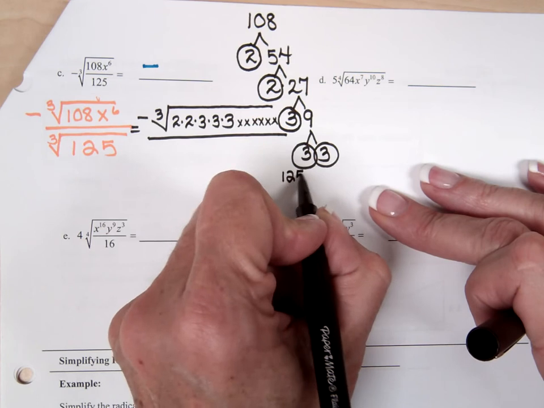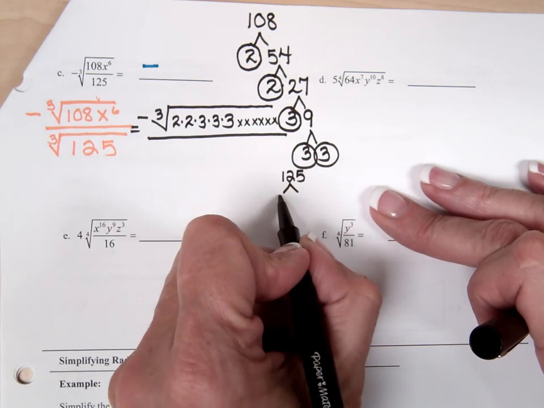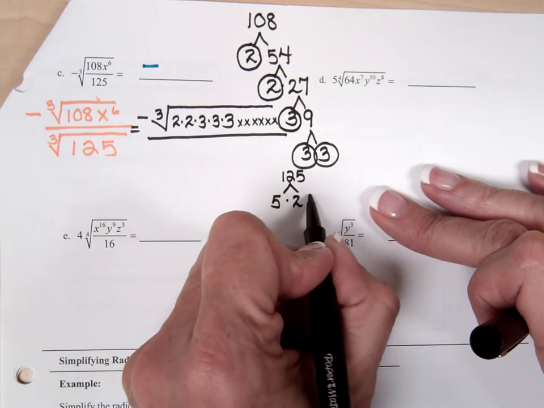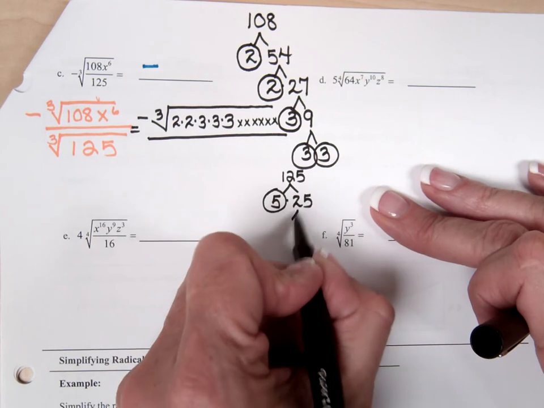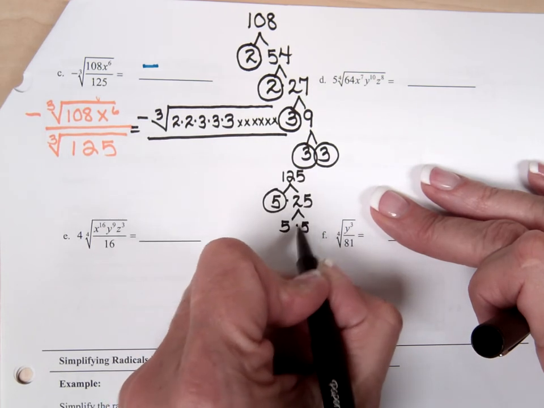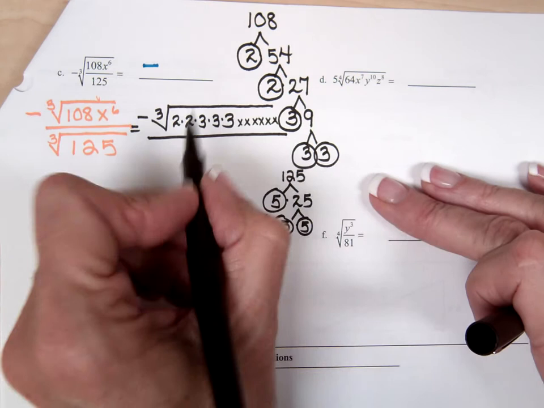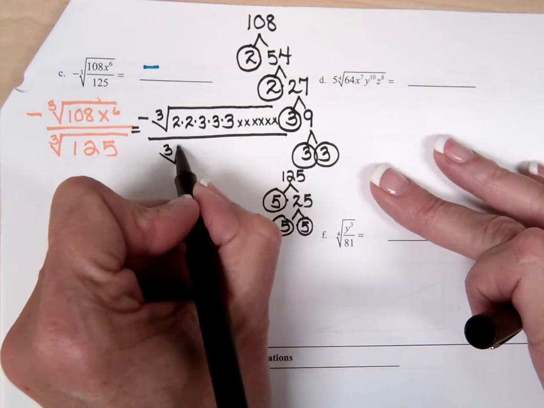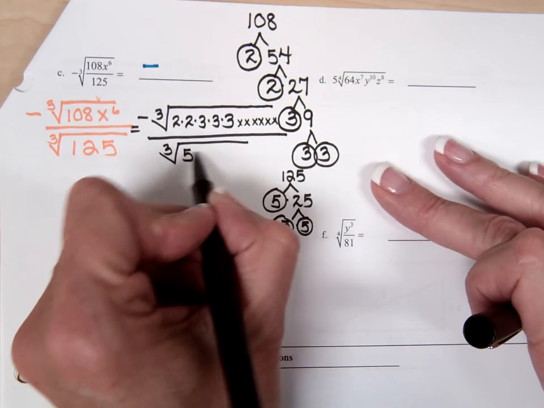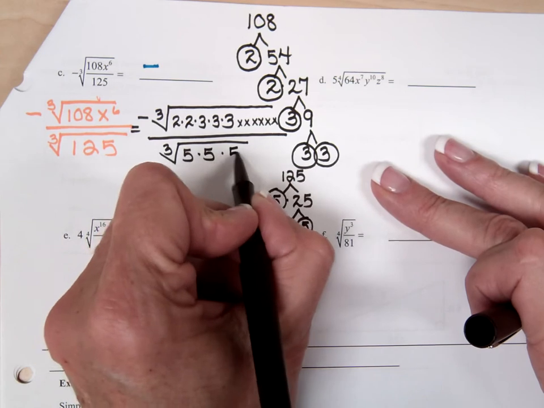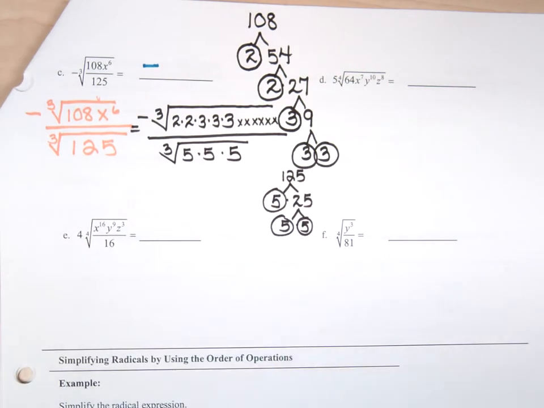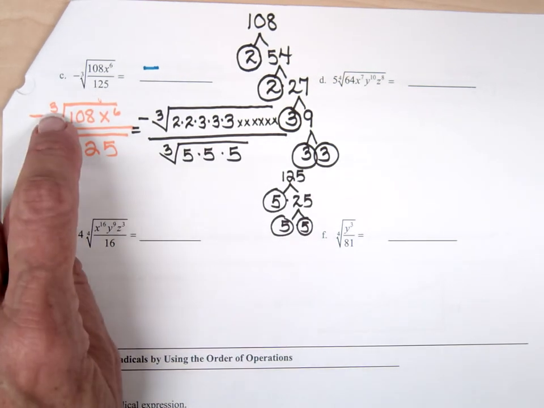It's going to be 3 5's, because 5 goes into it 25 times. 5 is prime, so you can see 125 is 3 5's. So 5 times 5 times 5. So I haven't done anything tricky yet. All I did was factor everything under the radical, because now I'm looking for triples.